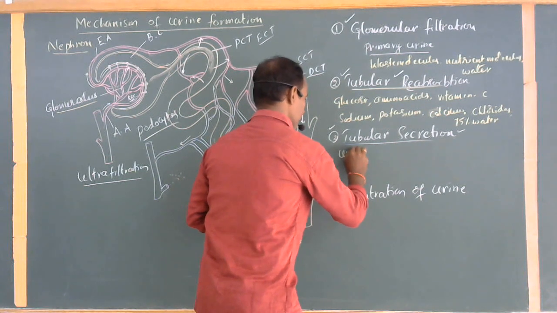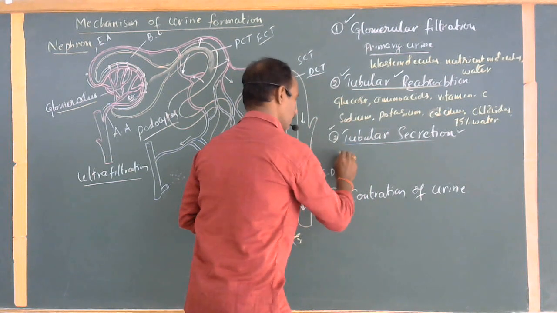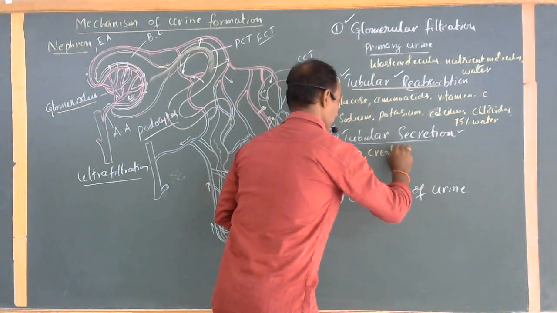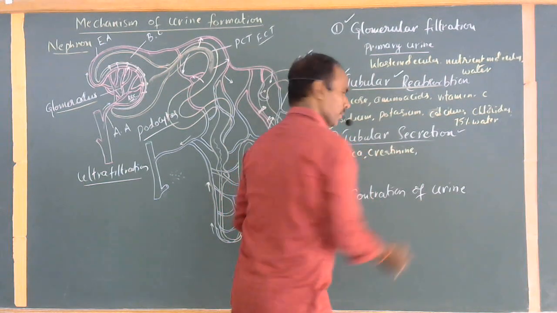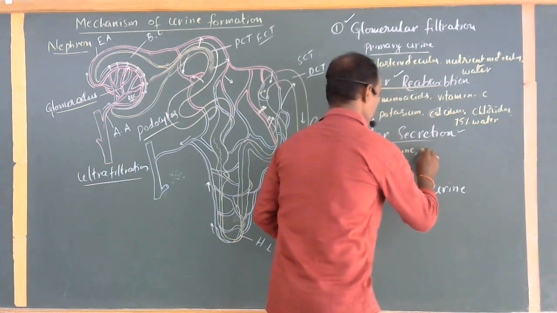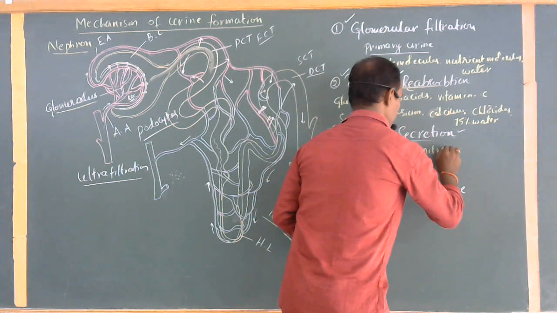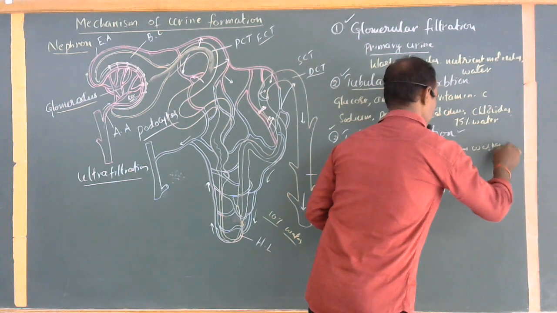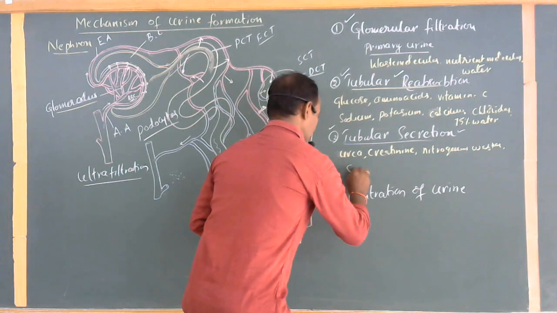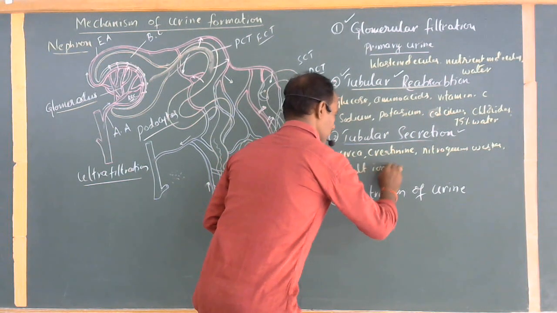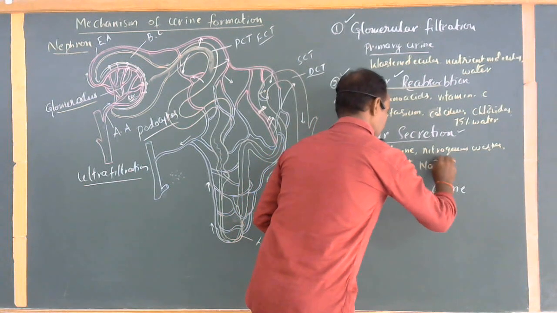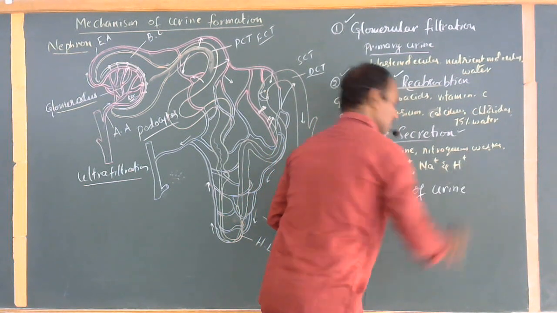These are mostly urea, creatinine, nitrogenous compounds, nitrogenous wastes, and salt ions like K plus, Na plus, and H plus ions.